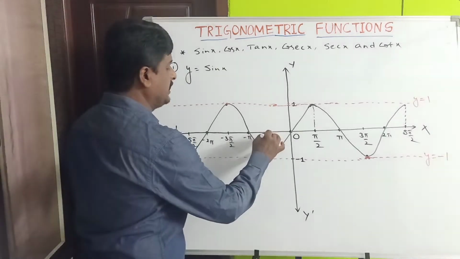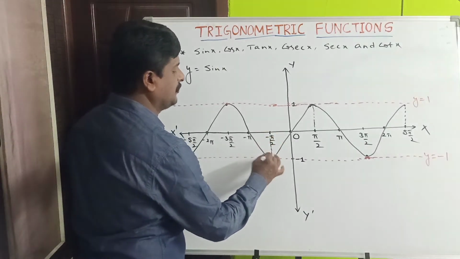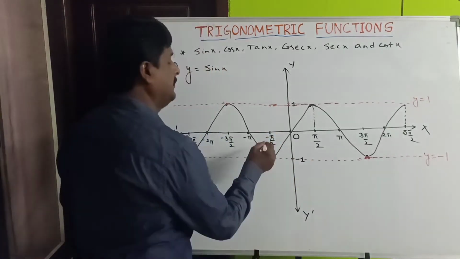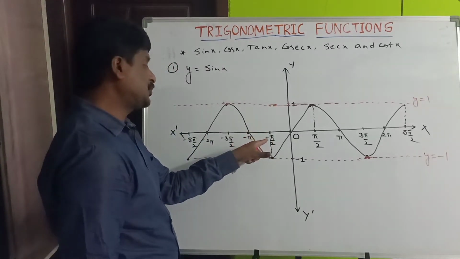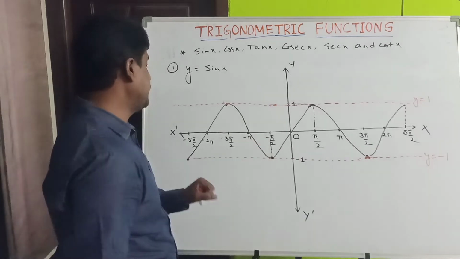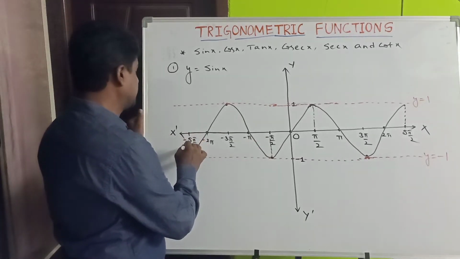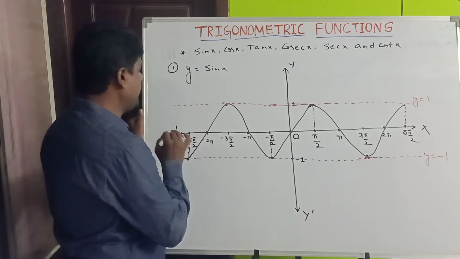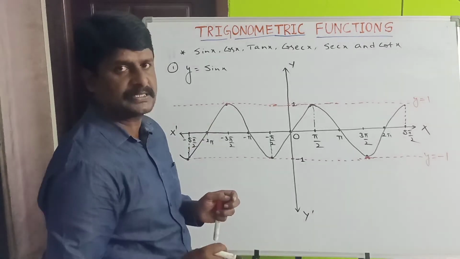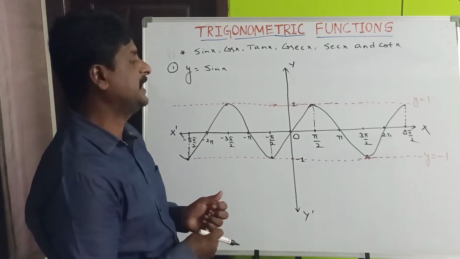And the graph of y equals sin x touches the y equals minus 1 line at minus pi by 2. Again, when minus 2 pi is added to minus pi by 2, at minus 5 pi by 2, the graph also touches the lower boundary y equals minus 1.